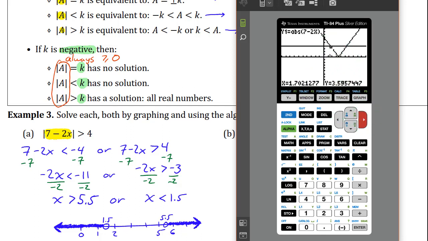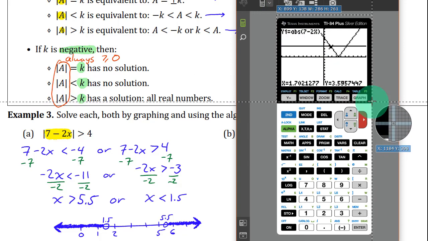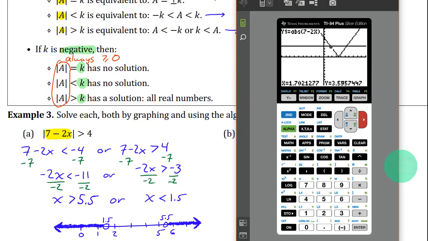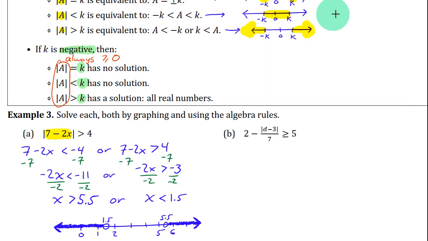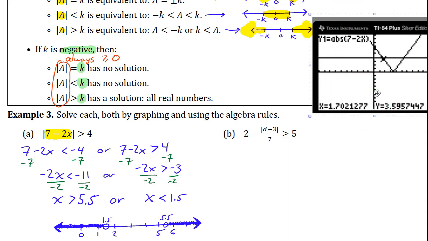So anyways, looking at this, the part of the graph that we want to look at to get solutions is always going to be, put this over here where I have some room. The part of the graph that gives you solutions is the part where the y coordinate of this one is greater than 4.